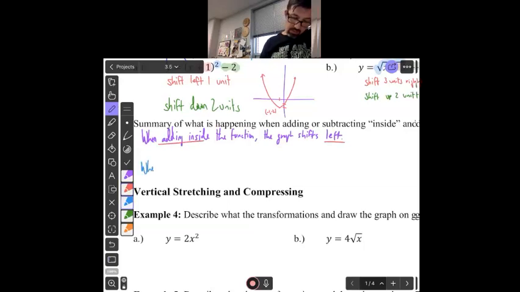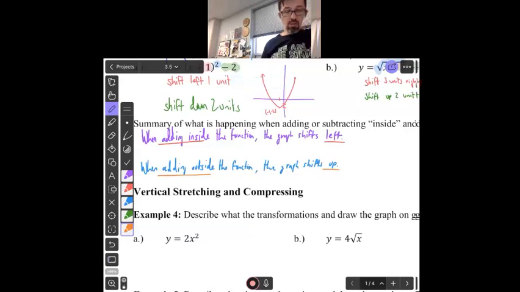And then adding outside, graph shifts up. Essentially, you can write in the same sentences, but subtracting.